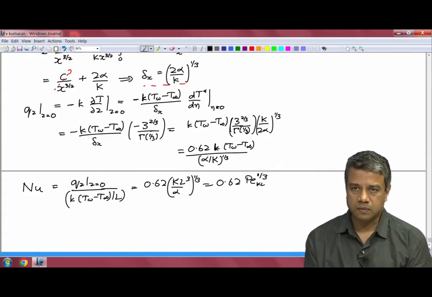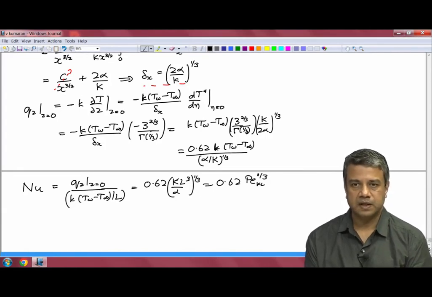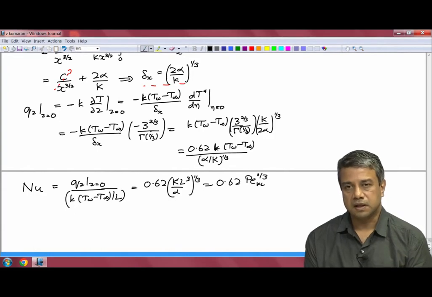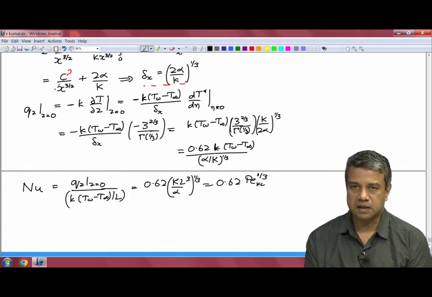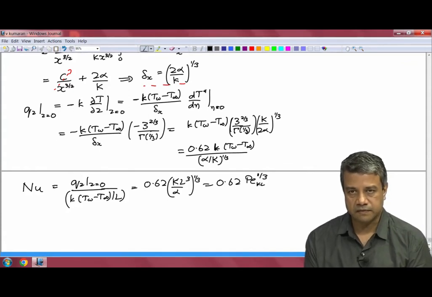So, I have solved for you two problems now, flow past a flat plate and flow towards a stagnation point. In both cases, the equation for the scaled temperature in terms of eta is the same, and it will be the same for all problems involving a no slip condition at the surface, a rigid interface. The equation for the boundary layer thickness in terms of the streamwise coordinate depends upon the configuration and the velocity field.